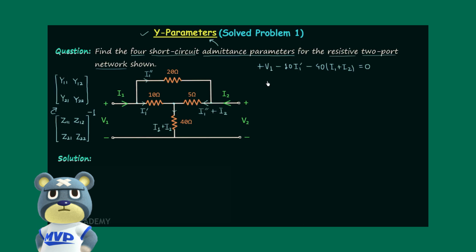From here we will have V1 equal to 40 I1 plus 40 I2 plus 10 I1 prime.